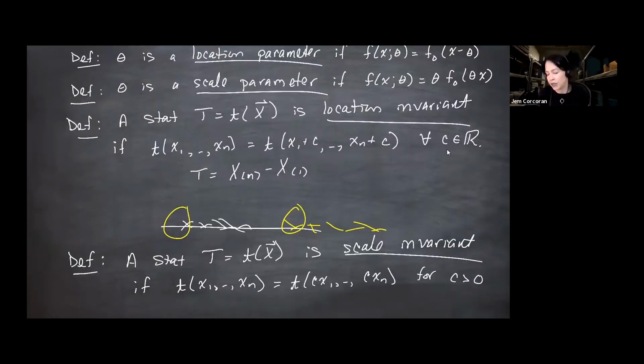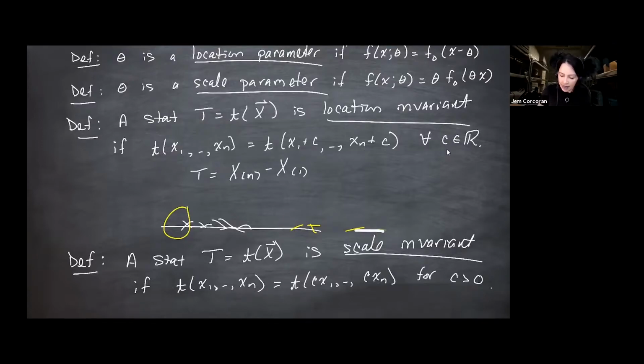We have to say greater than 0 because, especially with a max and a min, negatives in front of them can flip things around, and the minimum would be the maximum. We can define this for c less than 0, but I just wanted to make it simpler.